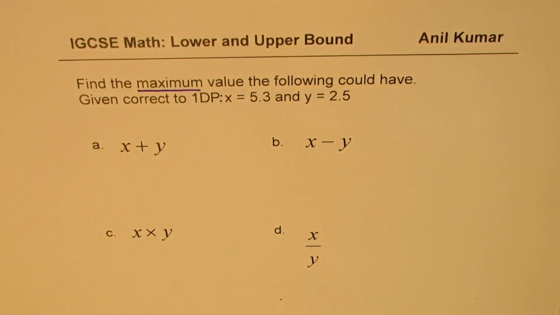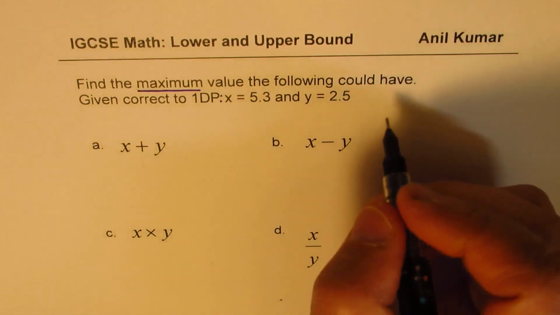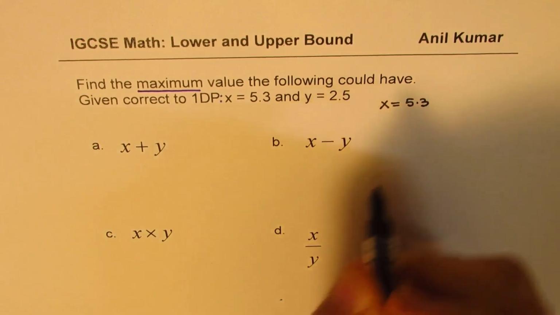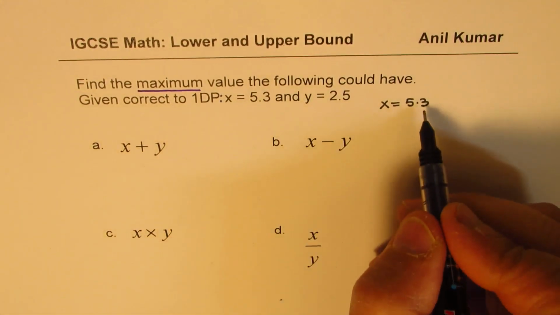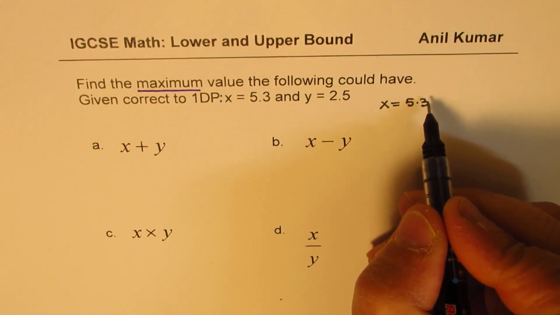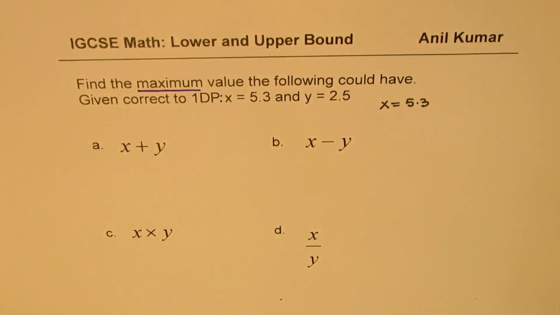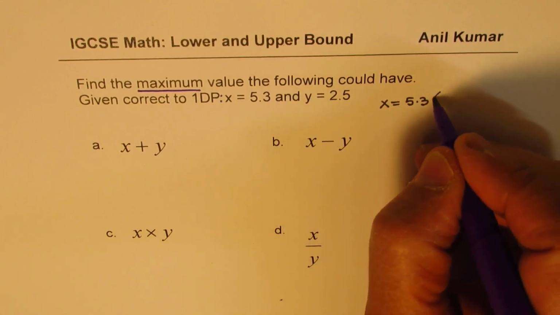So this is a very general question. It should help you to understand most of the concepts, right? So what we will do here is, working with these values, we know x is equal to 5.3, right? Now it is rounded to 1 decimal place. That means 1 divided by 5 is 0.05. So this number could have upper and lower bound of what?